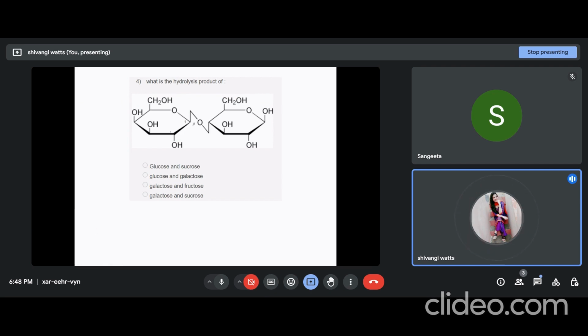The first option is glucose and sucrose. The second option is glucose and galactose. The third option is galactose and fructose, and the fourth is galactose and sucrose.